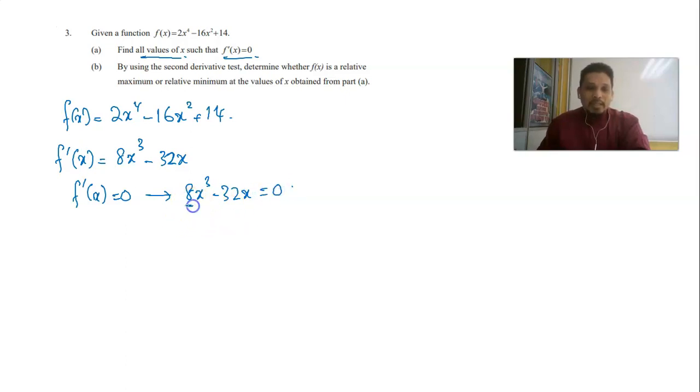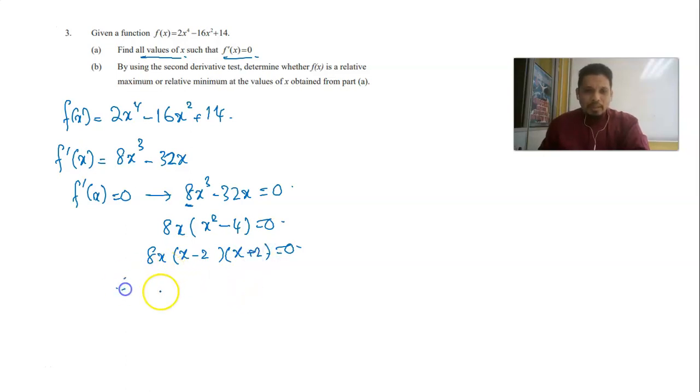So factorize 8 with 32, take out 8 and 1 of the x. Here we get x squared minus 4. Now 8x times x squared minus 4, we may continue to simplify and factorize this with x minus 2 and x plus 2.